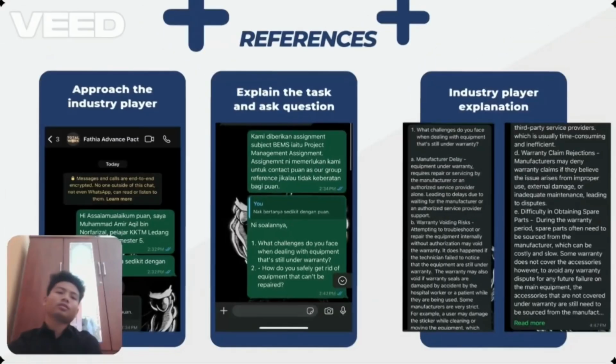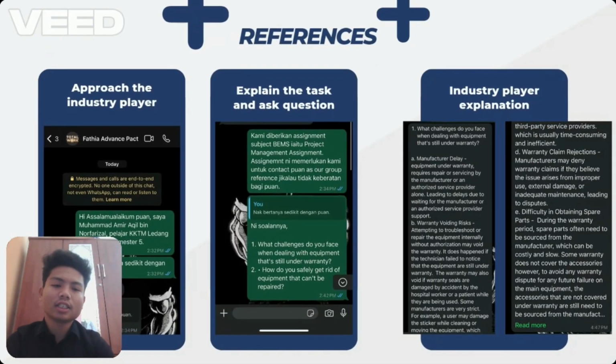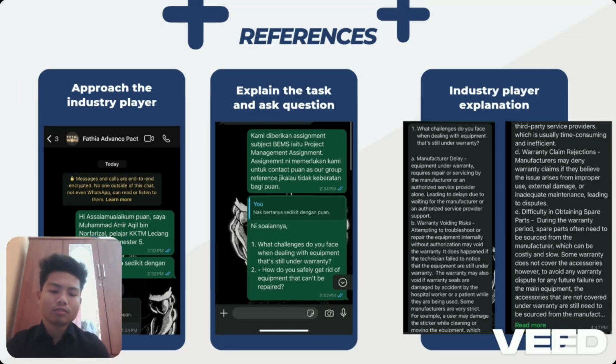So this is how we gain our information. We first approached the industry player. She was giving a talk about HTM technical support and decommissioning and disposal.